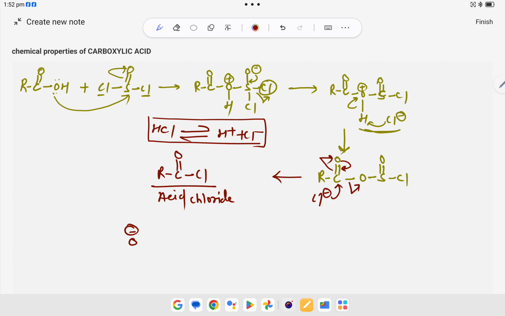Oxygen negative sign, sulfur, double bond oxygen and chlorine, and remaining H plus is there. So by that they will form SO2 gas and HCl gas. So that is the full mechanism of the reaction. I hope it is clear to you. Check it properly. Any confusion you can DM me or you can message me.